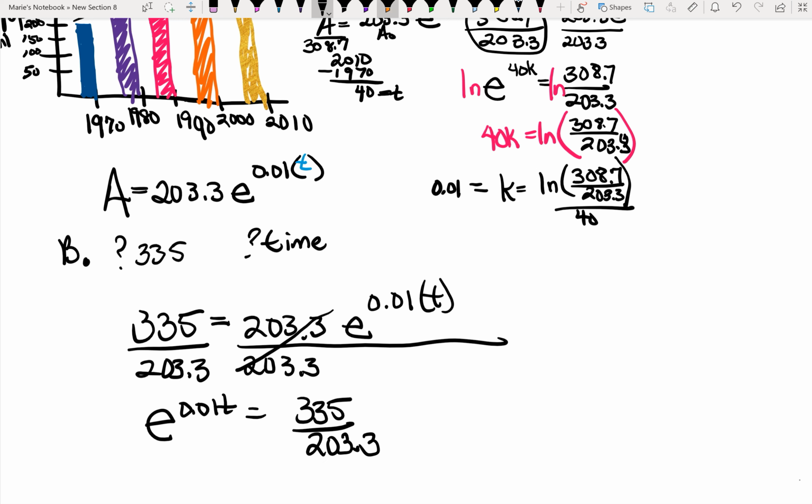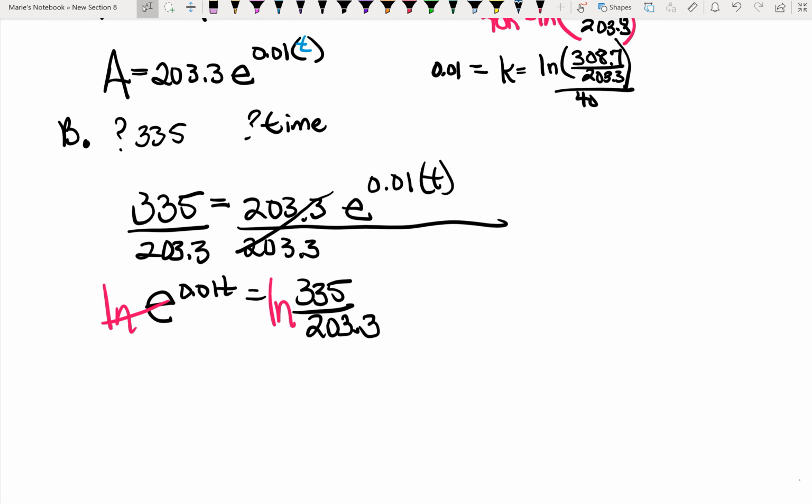So once again, we take the natural log of both sides. We'll take the natural log here and here. This will cancel. And we're going to be left with 0.01 t is equal to the natural log of 335 divided by 203.3.